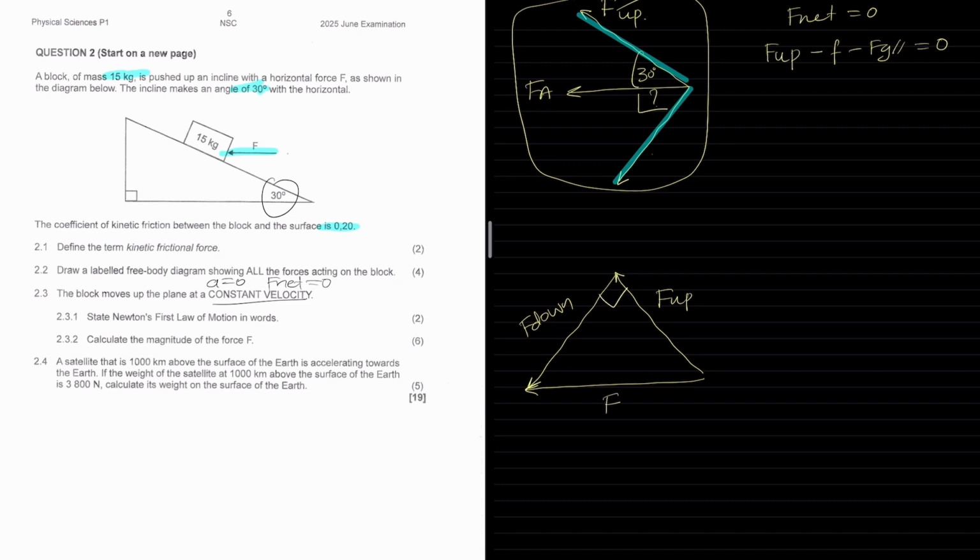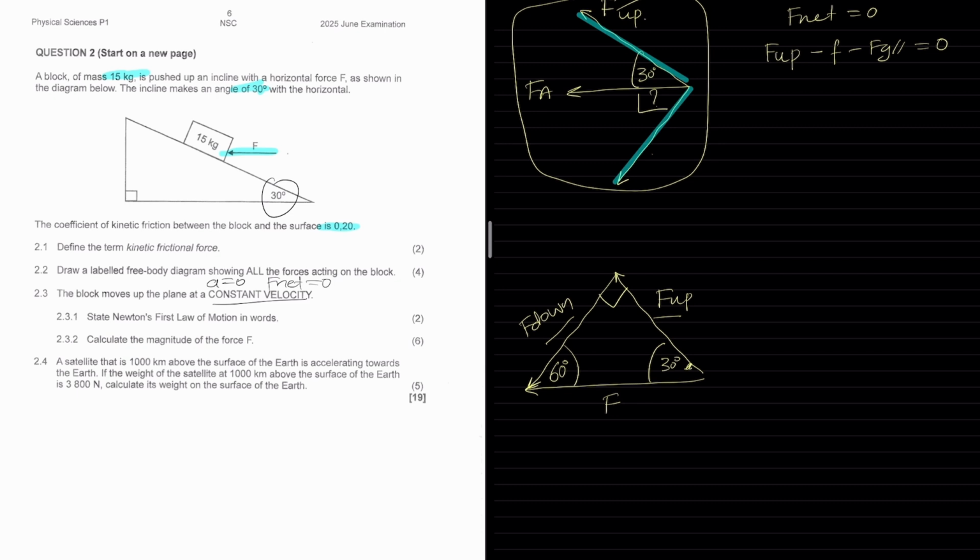Now you notice that this is 90 degrees. And this right here is 30 degrees, which would mean that this is going to be 60 degrees. Now we can use trigonometry to work out what F up is going to be and what F down is going to be. So if you want to work out what F up is, let's use this 30 degrees.